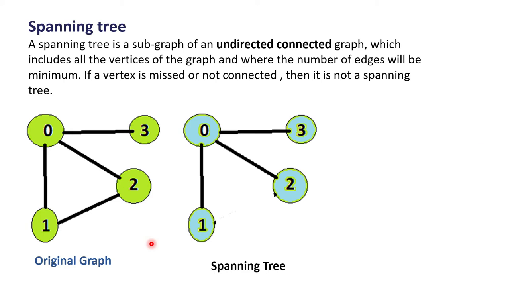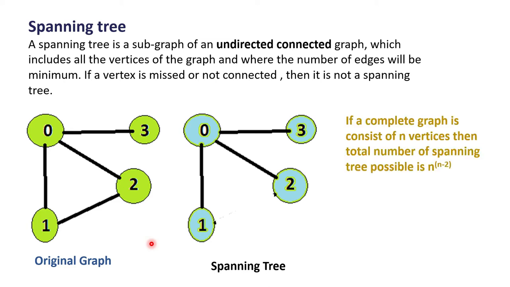One more theory to know here is, if a complete graph consists of n vertices, then the total number of spanning trees possible is n to the power n minus 2. So what is a complete graph? If you remember from the first video, a complete graph means each and every node is connected via one edge. From 1 to 2 there is a connection, 1 to 3, then 1 to 0.